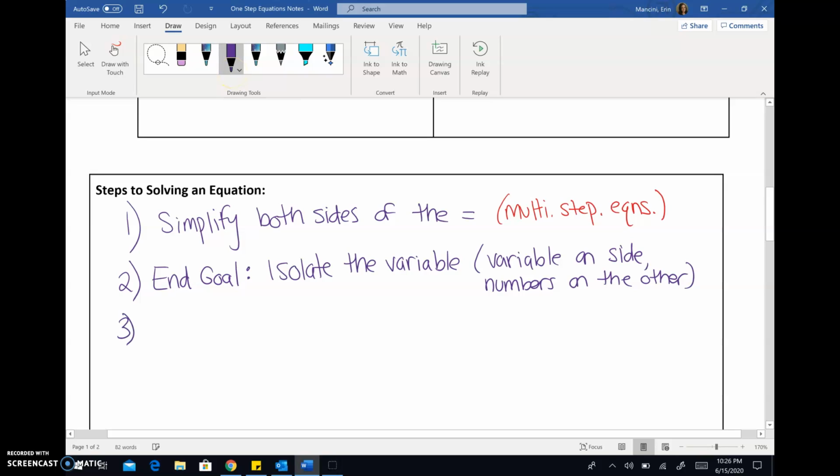But in order to isolate the variable, you're going to use inverse operations to do so. Okay, so inverse operations are operations that undo each other.